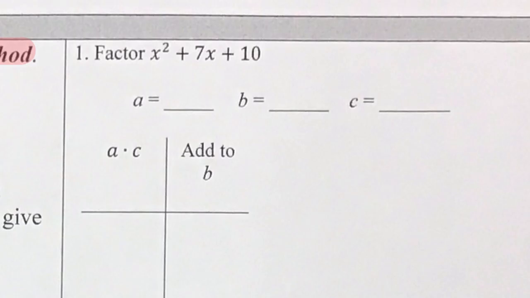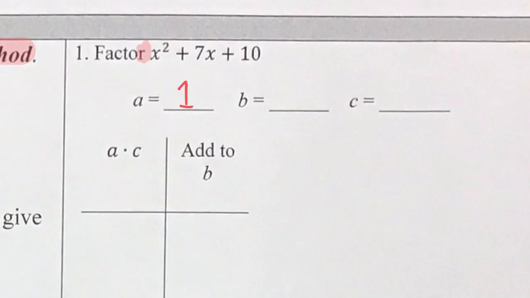I have the quadratic x squared plus 7x plus 10. A is the number in front of x squared. Do you see a number in front of x squared? No, we don't see one. So if we don't see a number, we can assume that number is 1.